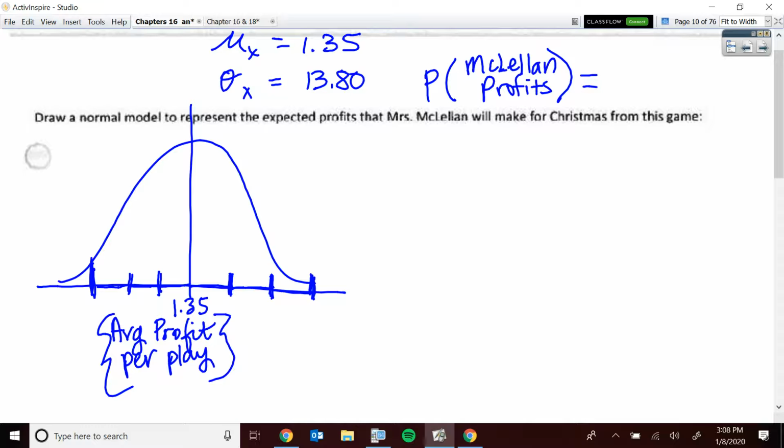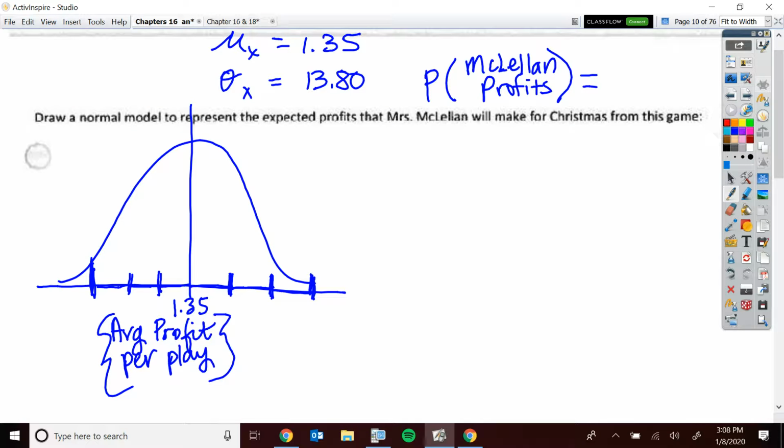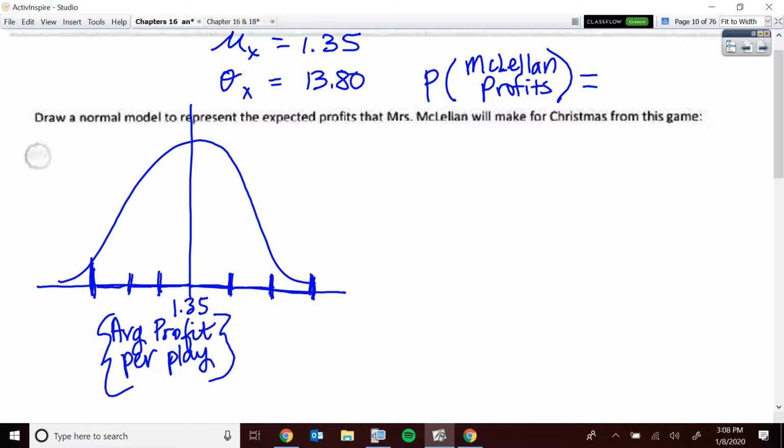Okay, so this mean right here is at $1.35. So okay, I'm definitely profiting on all of these days. I'm definitely, when those are averaging, I'm profiting. Okay, when do I start profiting? When my average is what?